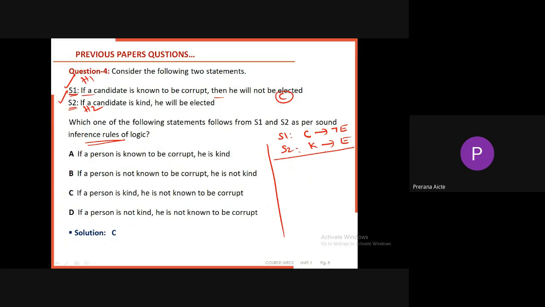Now we need to use these two statements and work out what conclusion we get. If you see it directly, it is not possible to do the process here.